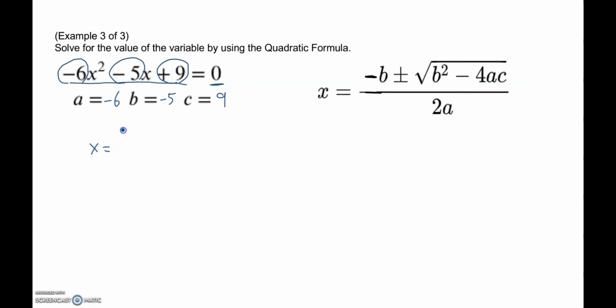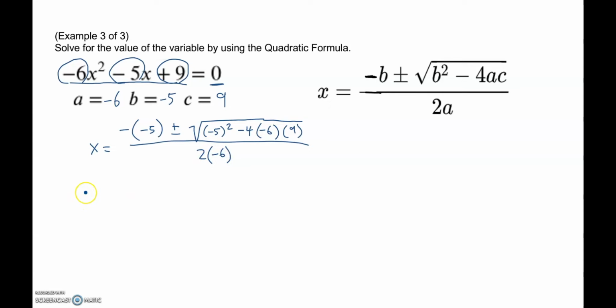X is equal to negative b, and it should be negative 5, plus or minus the square root of negative 5 squared minus 4 times negative 6 times c, which is 9. This is all over 2a, which is 2 times negative 6. Let's rewrite this equation.